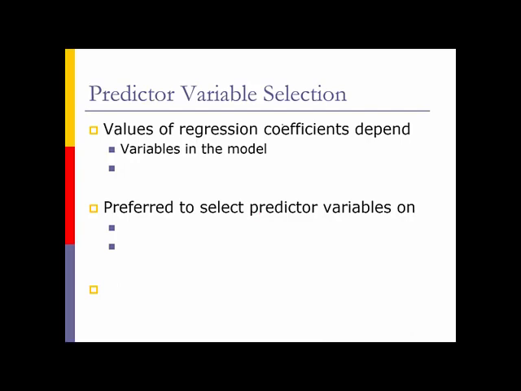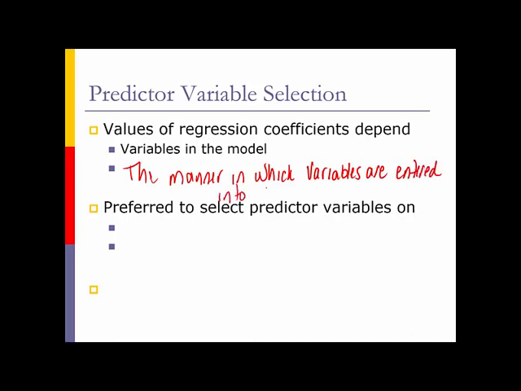And we're going to use those regression coefficients to determine that. So let's say we've got 5 regression variables, we've got 5 regression coefficients. We're going to look at those regression coefficients and then use that information to input those into the model.